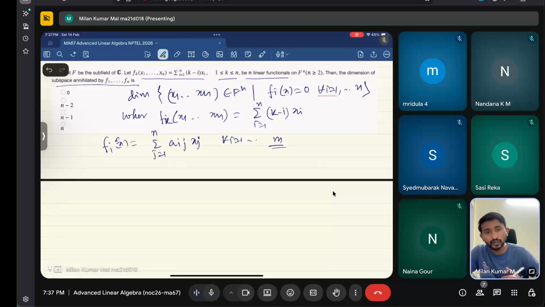Okay, suppose we are given like this. Obviously m is less than or equal to n. There is a reason, otherwise inconsistent systems and those things will come, but here it is, whatever it is.